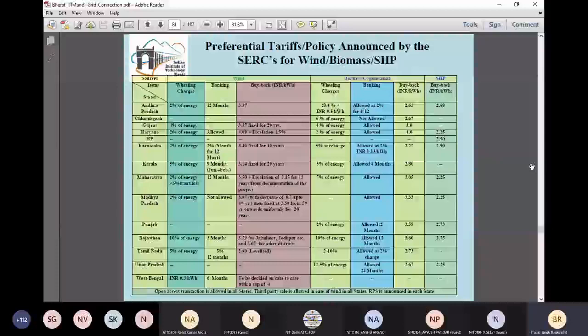So this type of stability is also required for such installations. Next slide please.